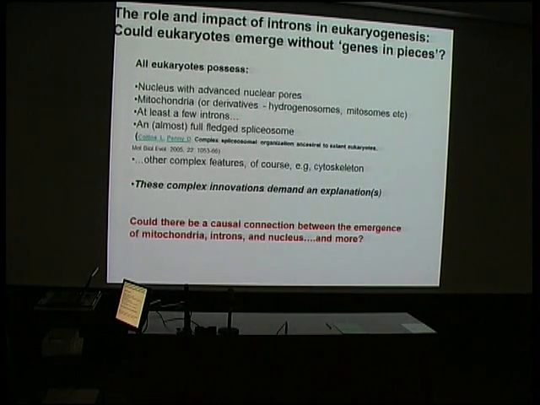So, the first thing that I want to address here is the role and impact of introns in eukaryogenesis. And the question that I want to ask is, was it possible for eukaryotes to emerge without actually having these genes in pieces?